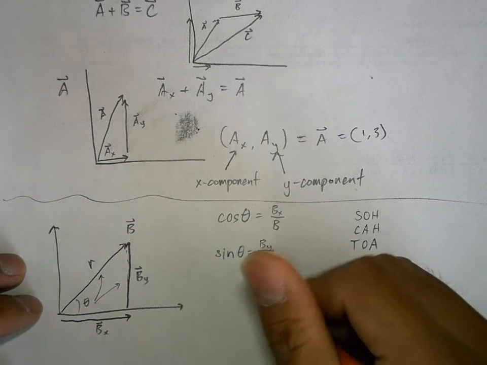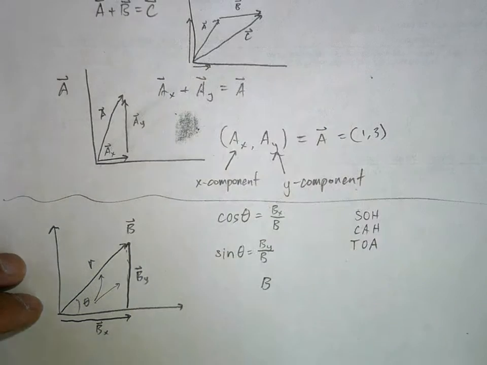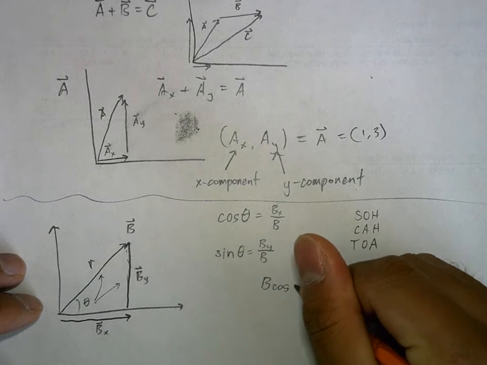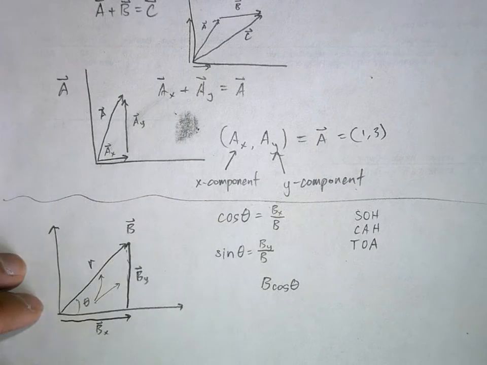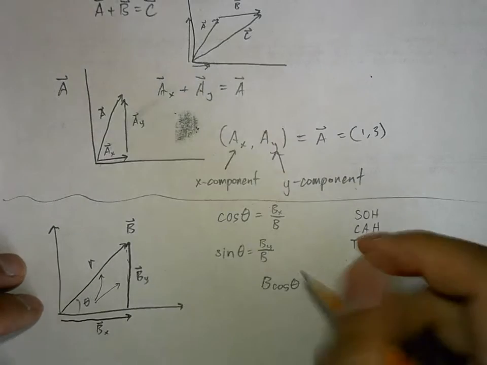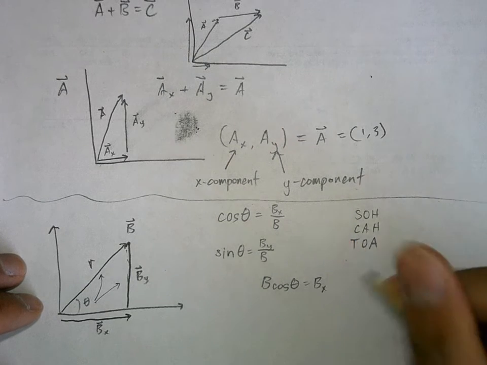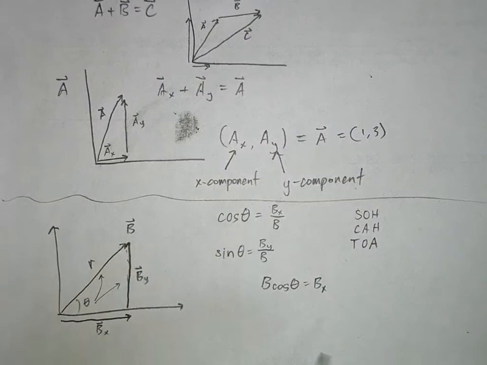And now we have b, the magnitude of the vector, multiplied by the cosine of the direction, theta, which gets you the component of the vector, in this case, in the x direction.